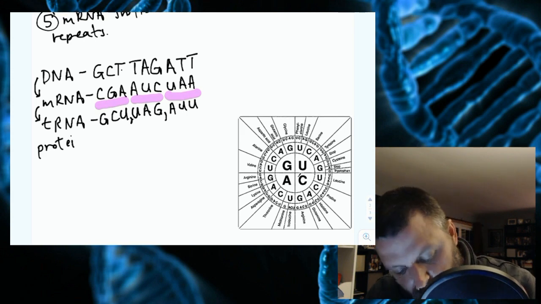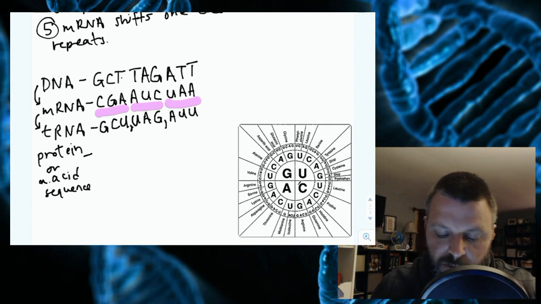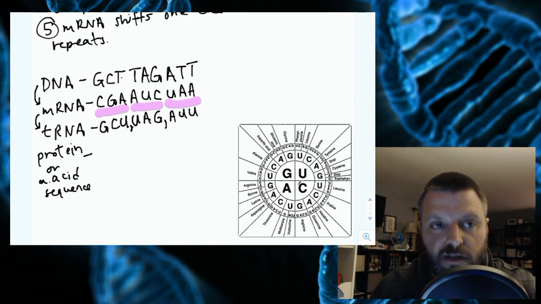Now, my protein, or my amino acid sequence, you're going to have to use a translator tool. So you see at the bottom right hand corner how I have that little wheel there?